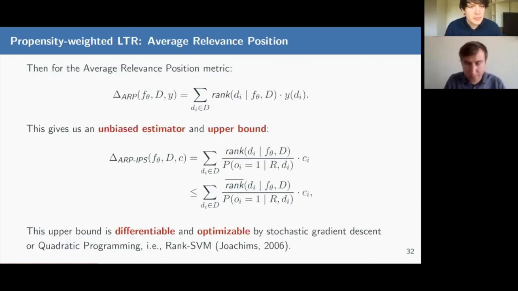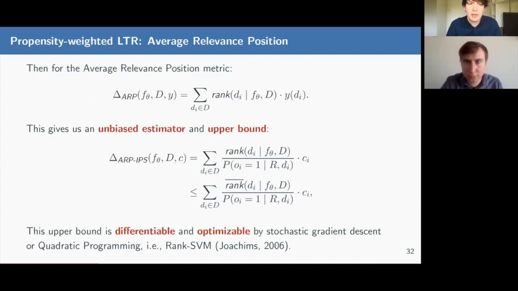All right, so we've seen the average relevance position metric before, or ARP, and we saw that it just used the rank of a document, right? It's basically the average rank of every relevant document, as you can see over here.